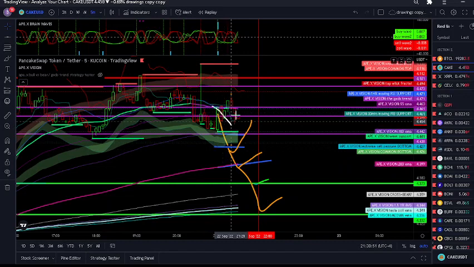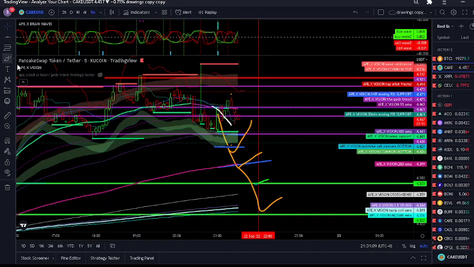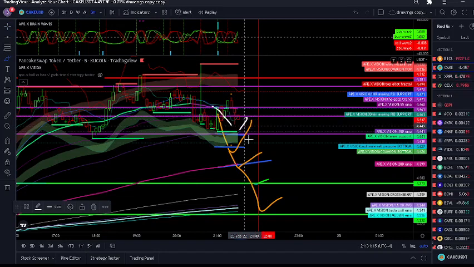Yeah, I was right when I said at the beginning the next bar will be red. So we're going to come down and test this support right here. Then after that, you should see a bounce and retest of this range.